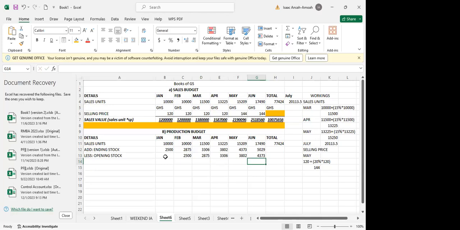However, because this is a new business, the business has not existed before. So they don't have any stock that existed in a certain old period or previous period. So here becomes a 0.